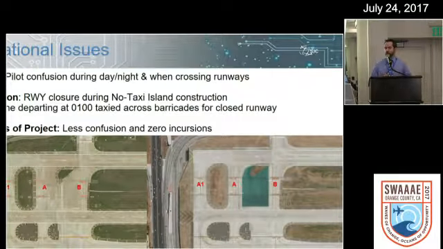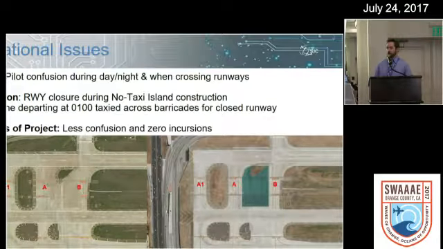So we had a lot of issues with GA pilots coming from the west side of the field, and they get Alpha and Bravo confused because they're so close together and they're not necessarily paying attention. They might be crossing 30 left to depart on 30 right. So that's really the issue that we've had, is it's such a huge piece of pavement that pilots are just dumbfounded when they get out there.